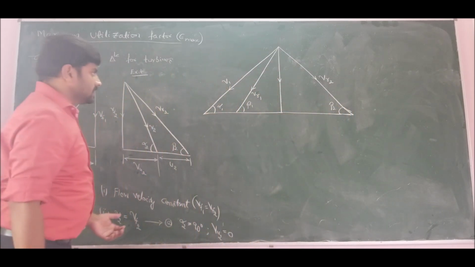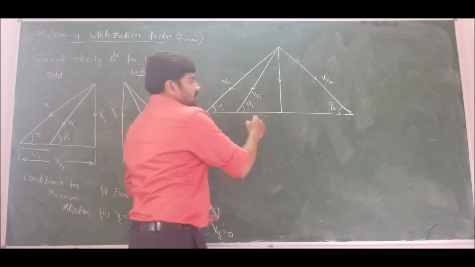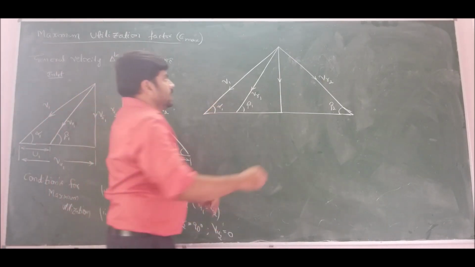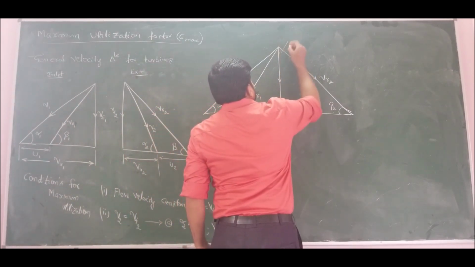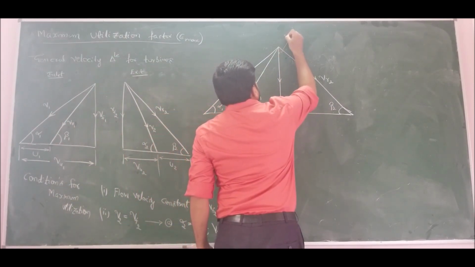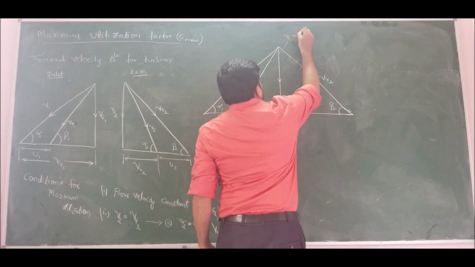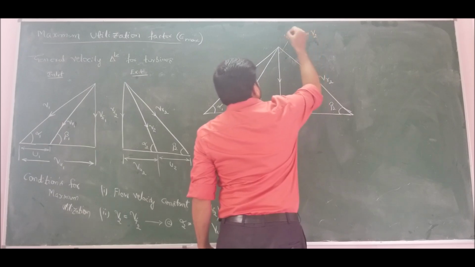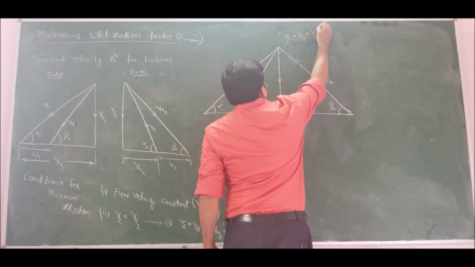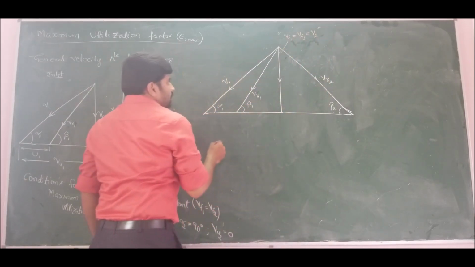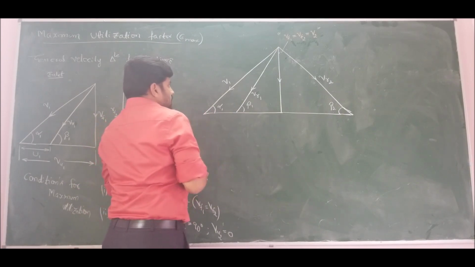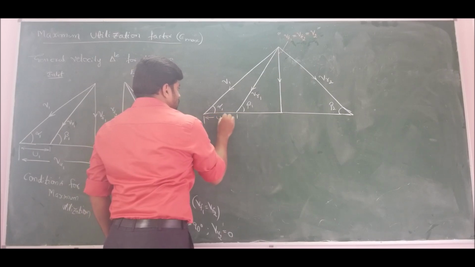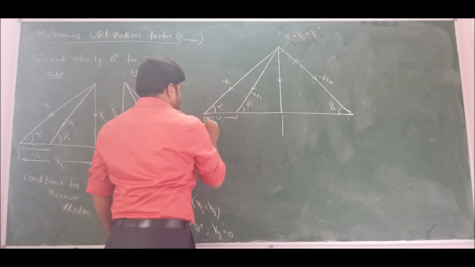So using these conditions, I am getting at the center, this line is nothing but Vf1, which is equal to Vf2, which is again equal to V2, which is very important. So now the distances are represented as: the distance from absolute to relative is U, speed of the rotor.